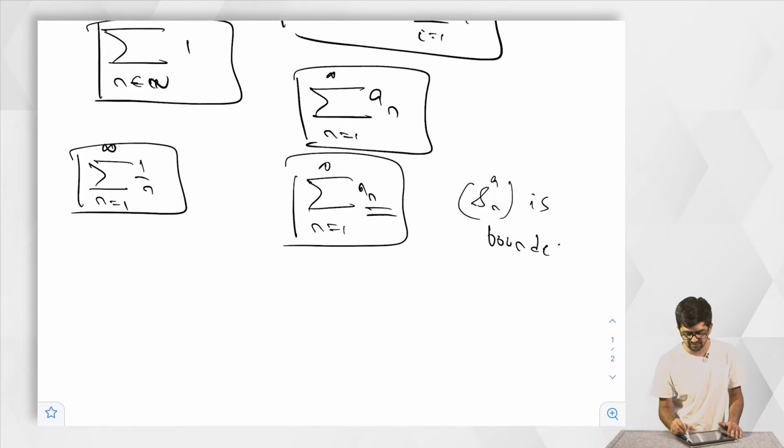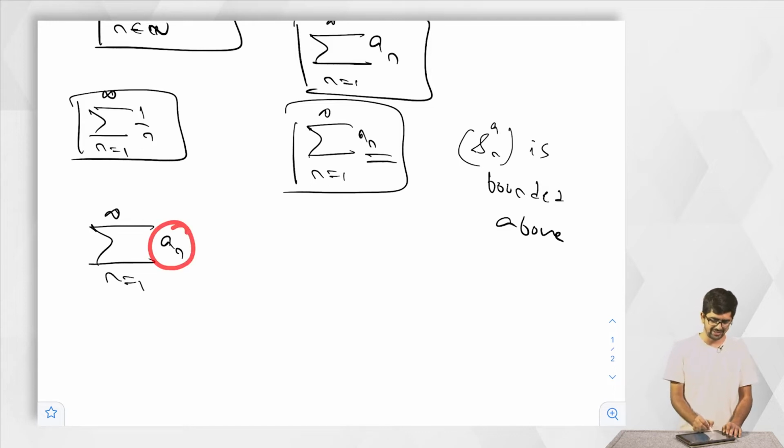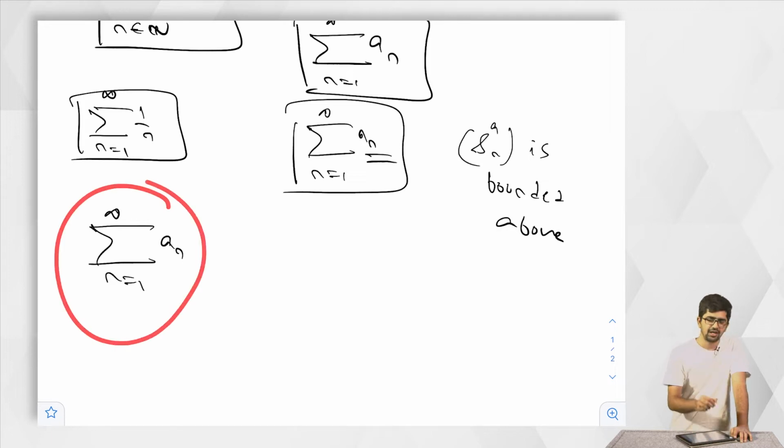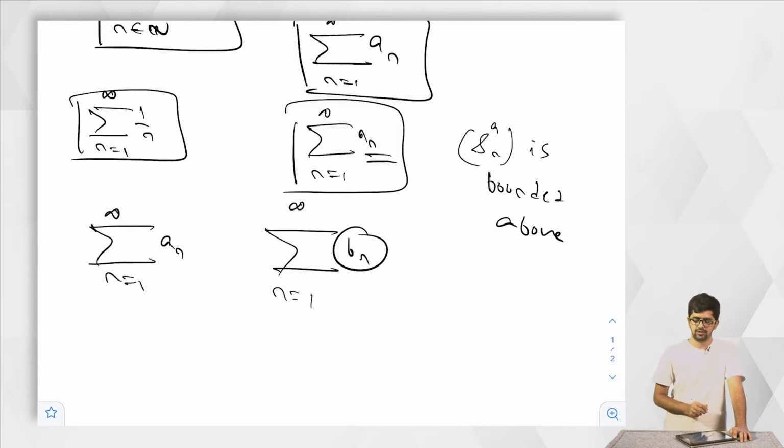That is the first result. Then we mentioned something called the comparison test. Suppose I have a series a_n and every a_n is non-negative. To prove whether it is convergent or divergent, one can use another series whose convergence or divergence we already know, and which is also non-negative. That is the comparison test.